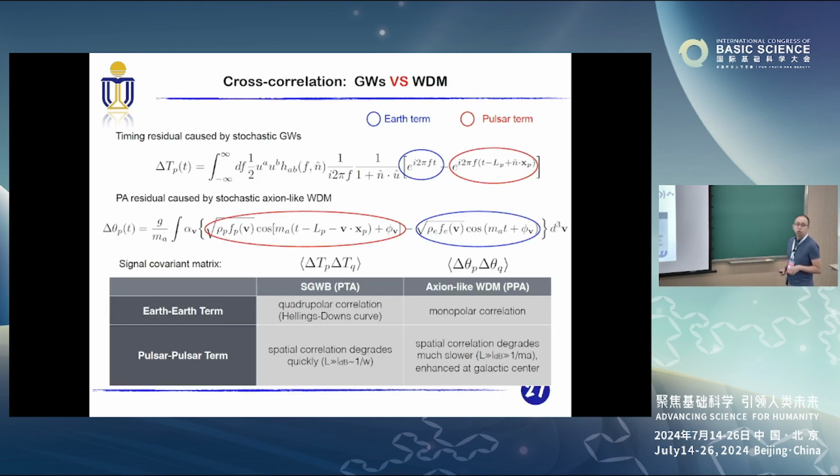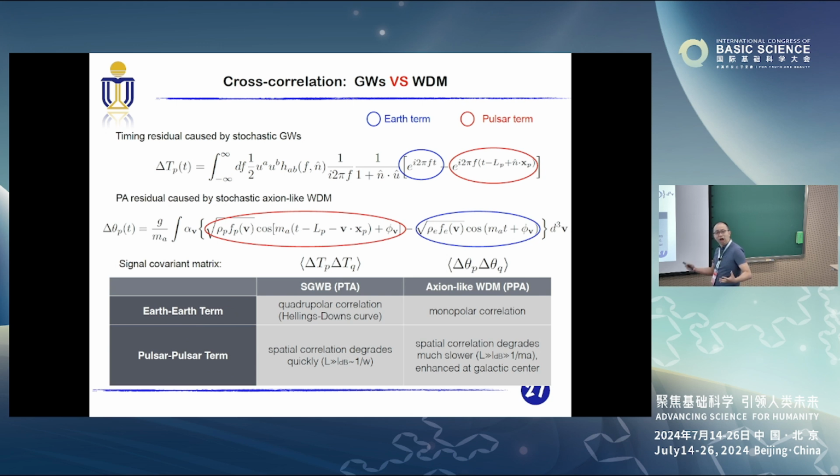And before I show you some projected sensitivities, let me make a comparison between the cross correlation in the pulsar timing array detection of the stochastic gravitational wave background and the pulsar polarization array detection of the ultralight axion-like wave dark matter.